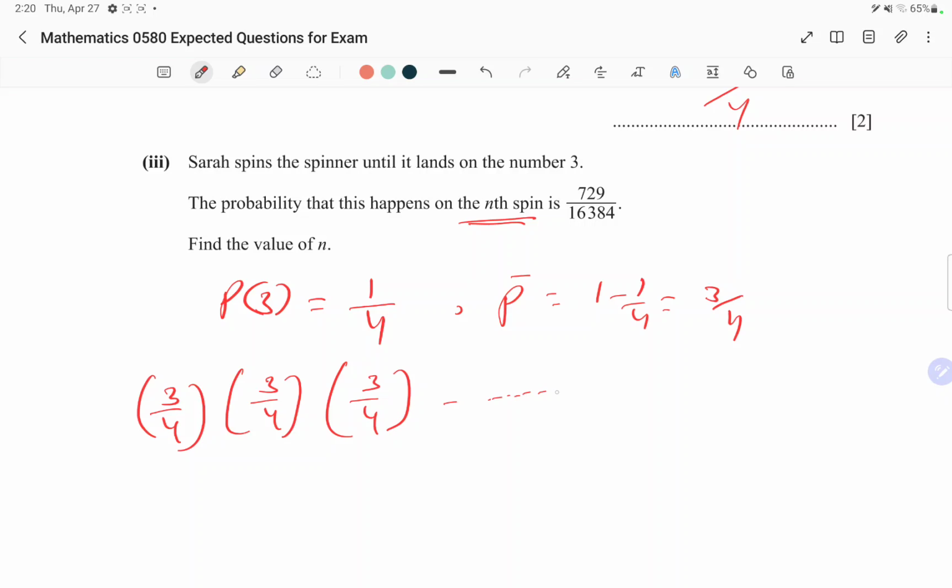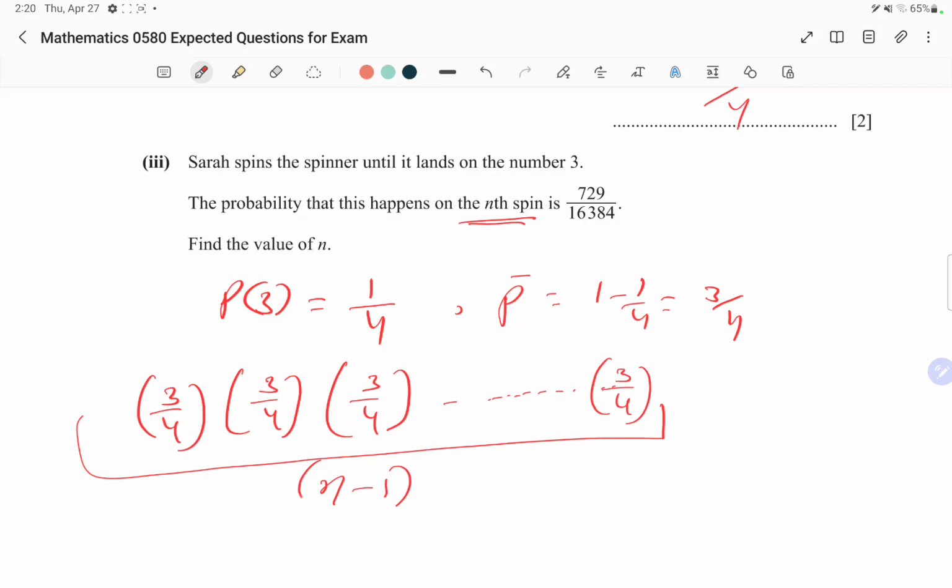Similarly, she will get 3 on the nth spin, so just before n also she will not get 3. So this is how many times? n minus 1 times. But at the end she got 3, so what's the probability of 3? That is 1 over 4.